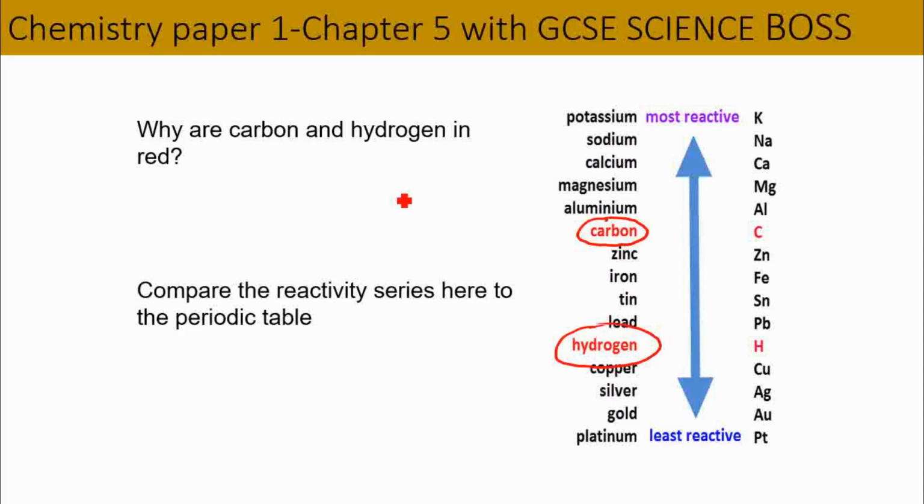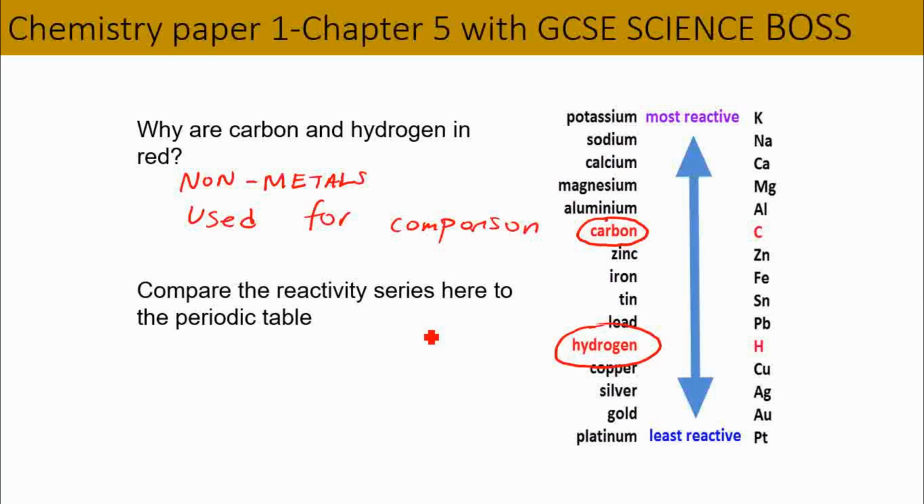The first question is, why are they in red? They are in red because they are non-metals. They are there so that they can be used for comparison. So that's the reason these two non-metals are there.